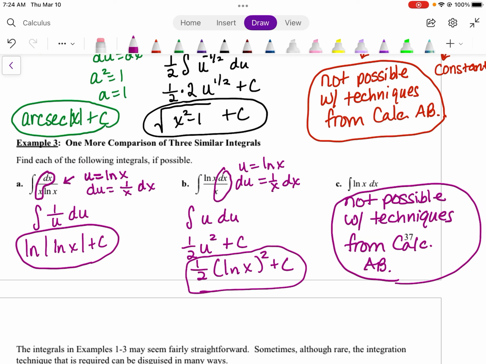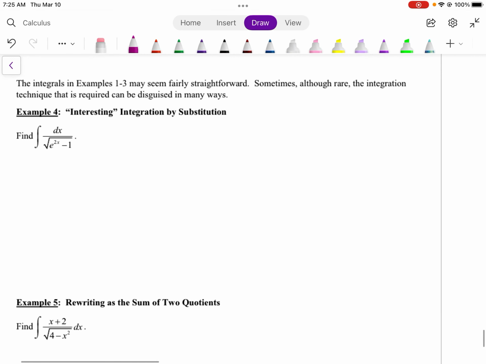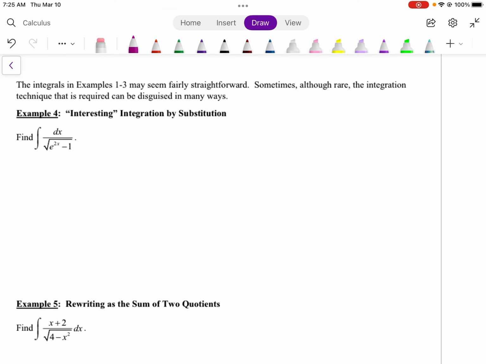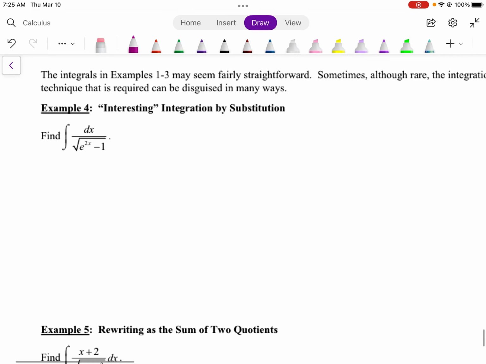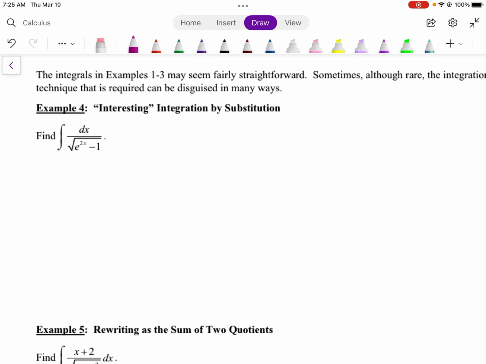And then we're going to move on to the back side. Okay. It says the integrals in examples 1, 2, and 3 might seem fairly straightforward. Sometimes, although rare, the integration technique that is required can be disguised in many ways. All right, so interesting integration by substitution.